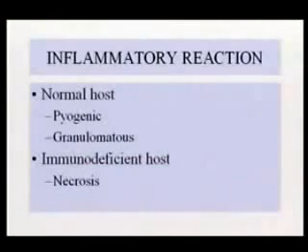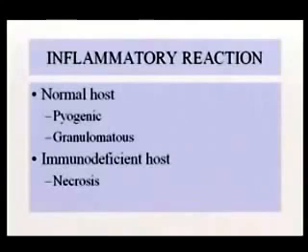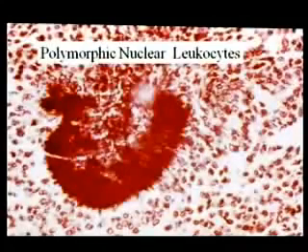Biopsy and histopathology. What was not known too much before is that the immunodeficient host just produces necrosis, where in fungal infections in a normal host, you'll either get a granulomatous or a pyogenic reaction. You know what pyogenic is, don't you? Pus cells and white blood cells, usually the polys.